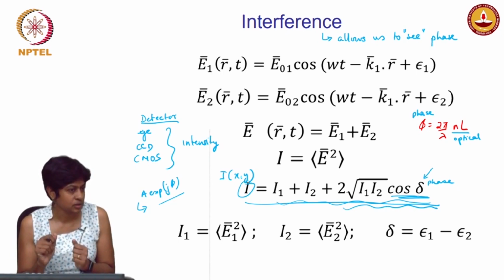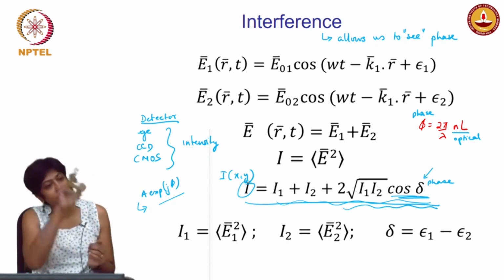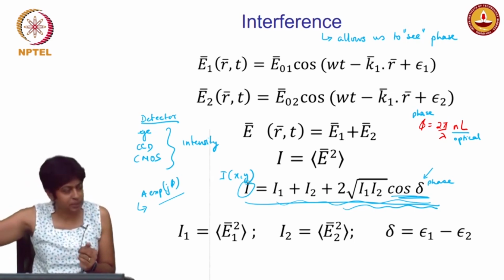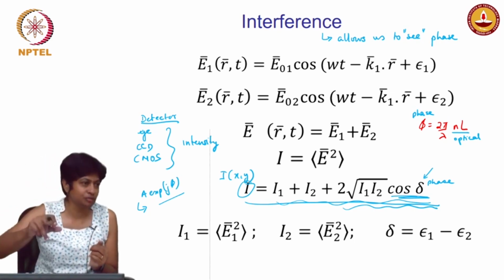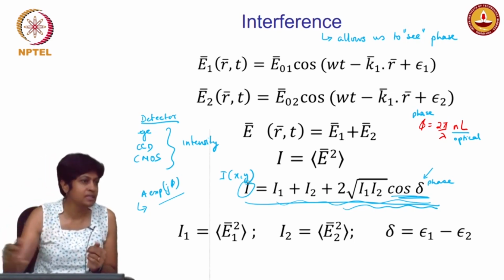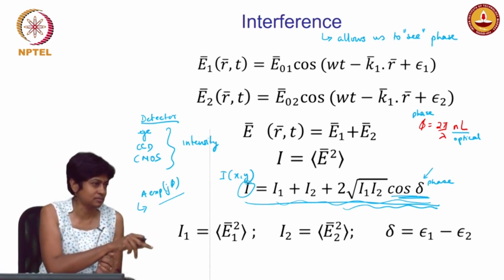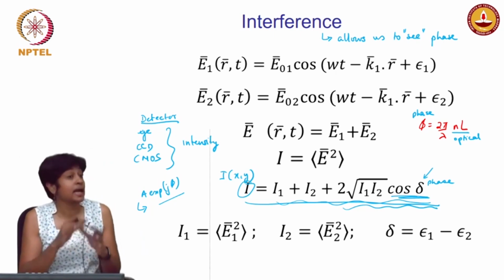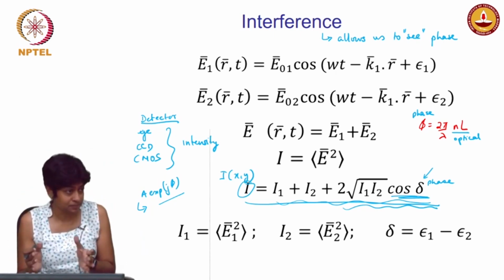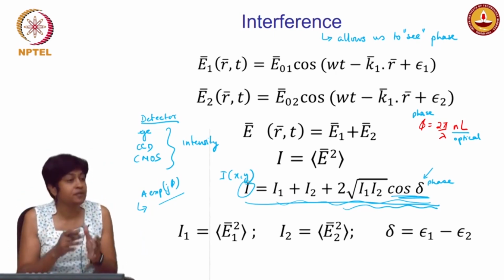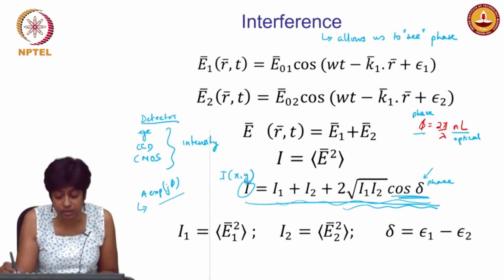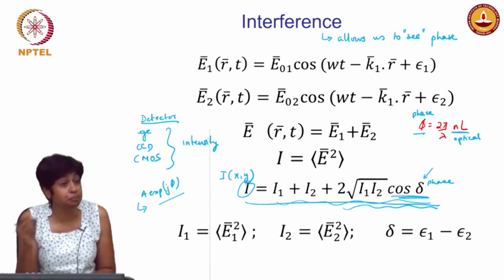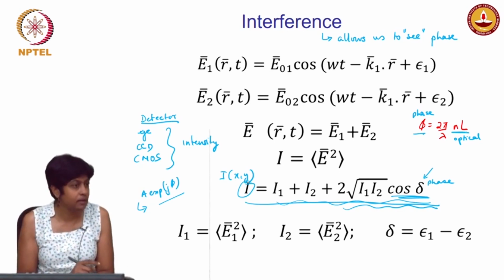So in order to get optical path length, I am getting phase. In order to get phase, I am doing an interference. Now, again, I get optical path length. That means if I somehow measure phase, I can get the product n times L. This is of course assuming you know lambda.